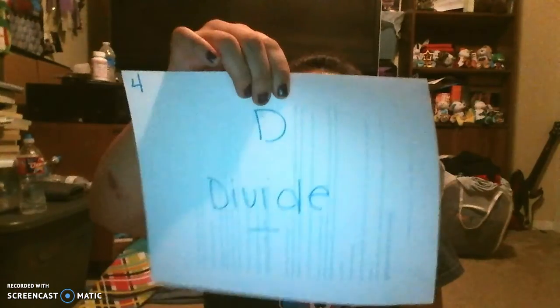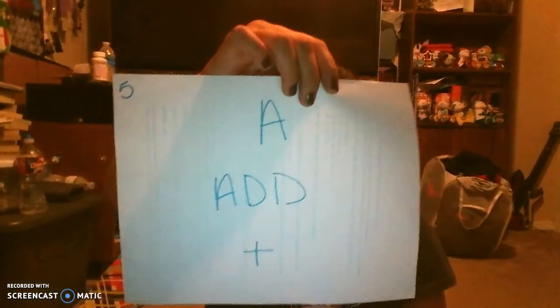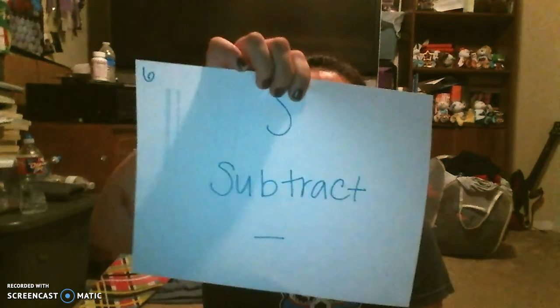D for divide, you're going to divide your numbers. I have A for adding, and S for subtraction. So think of it as a grocery list when you're dealing with this chart.